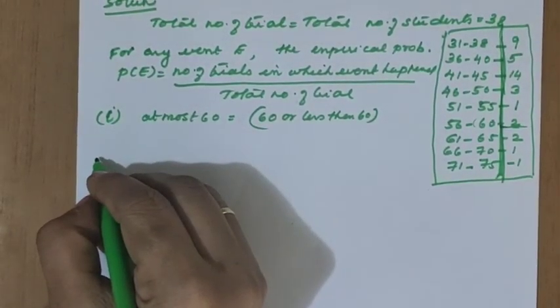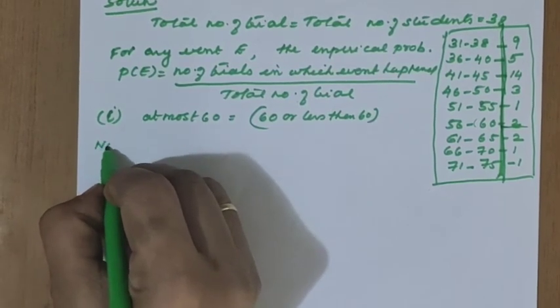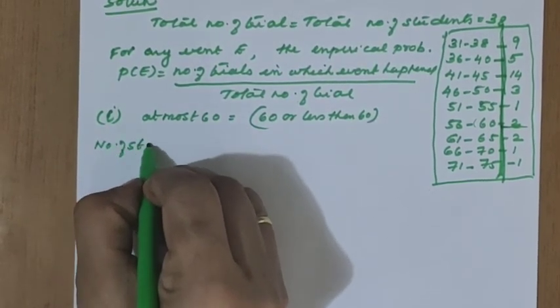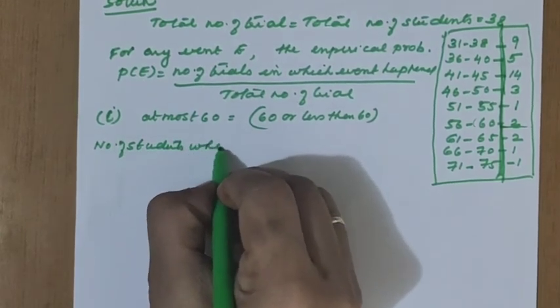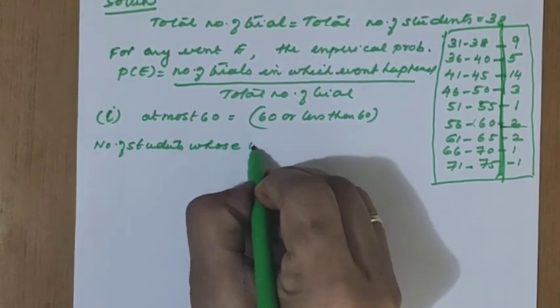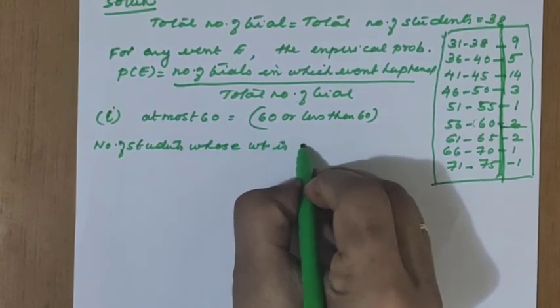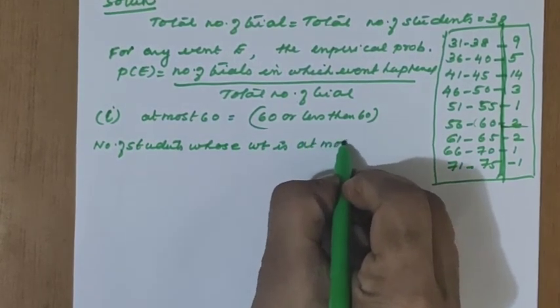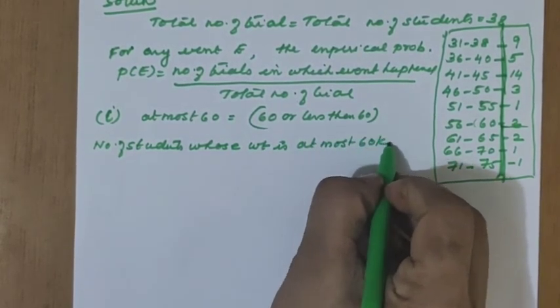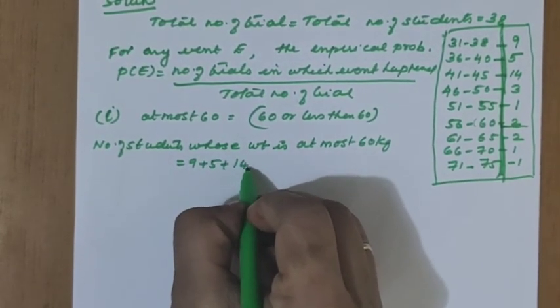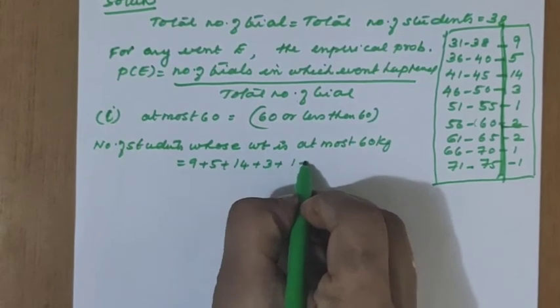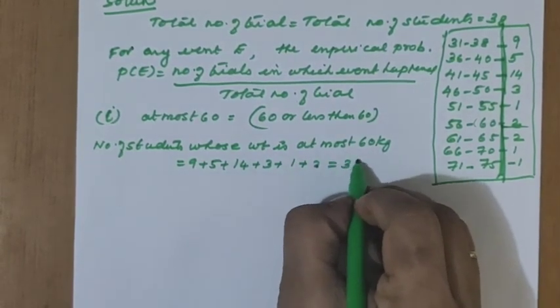So that is favorable. So the number of students whose weight is at most 60 kg is equal to 9 plus 5 plus 14 plus 3 plus 1 plus 2. It is equal to 34.